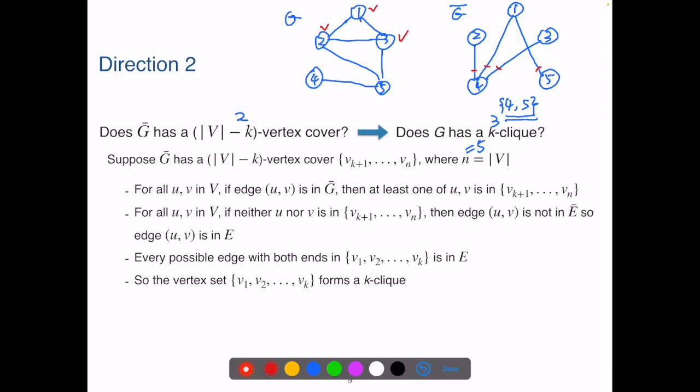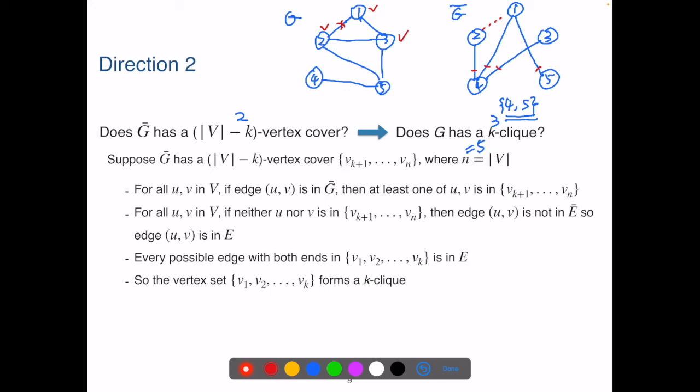Because if there isn't an edge in G here, there will be an edge in G complement. Then one of these 2 nodes, either 1 or 2, will have to be in the cover. But that's not the case.